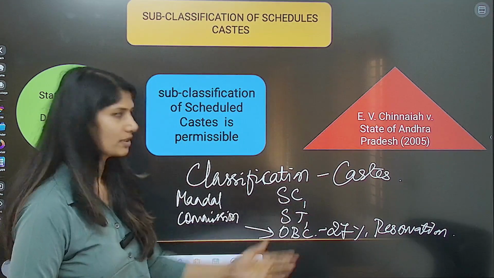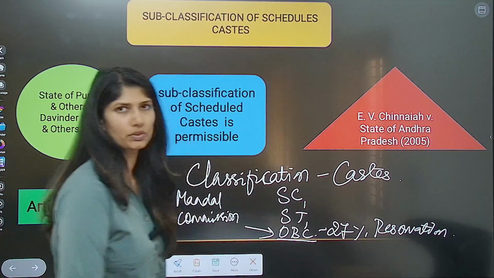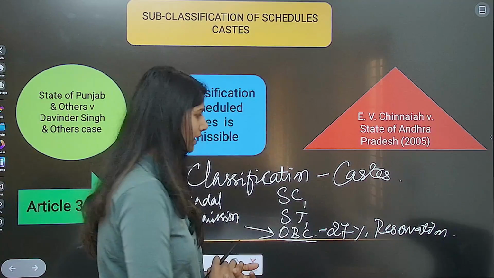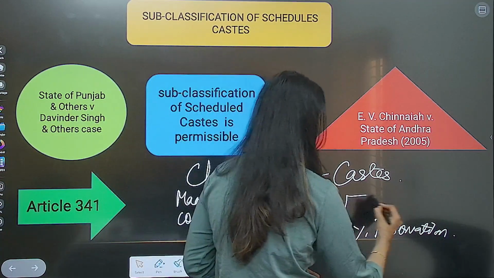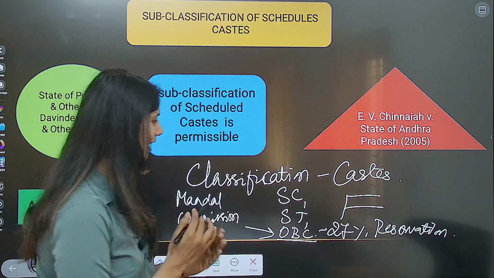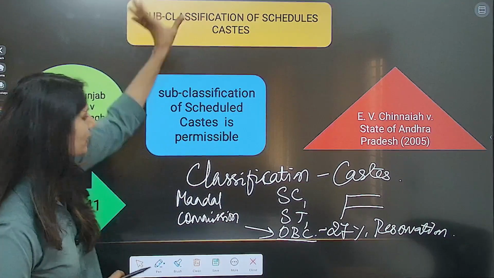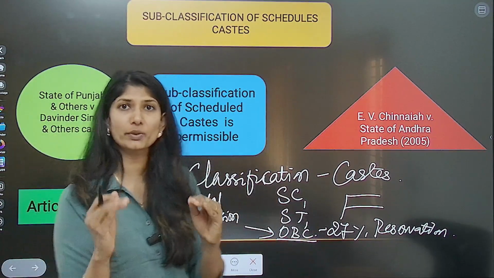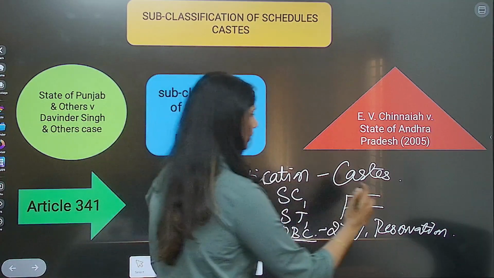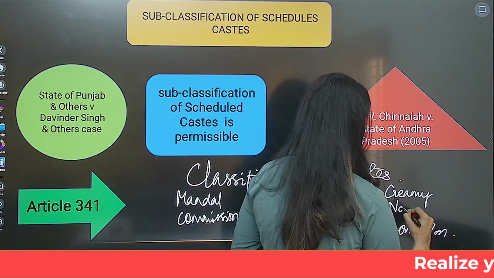As it progressed, coming to the Indira Sawhney versus Union of India case, the court was of the opinion to create a sub-classification within the OBCs, or other backward classes, wherein they distinguished between creamy and non-creamy.